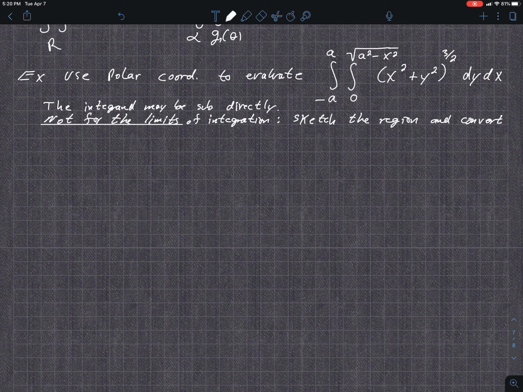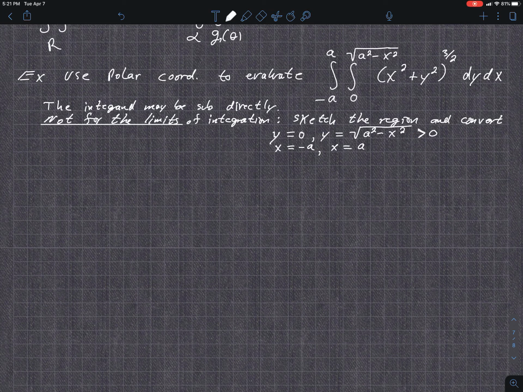So over here, we are going to sketch the region. We have y equals 0, y equals the square root of a squared minus x squared, and x equals negative a to x equals a. That's what we're going to sketch. Remember that this is greater than or equal to 0.